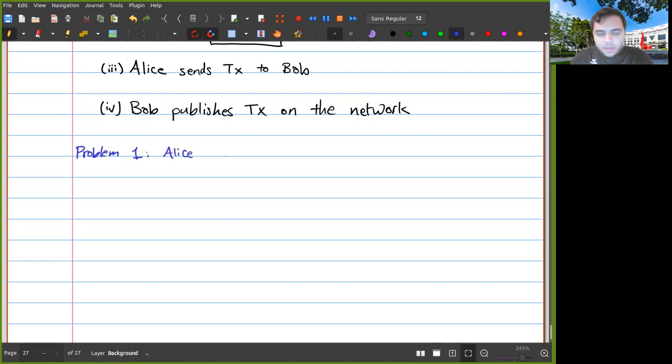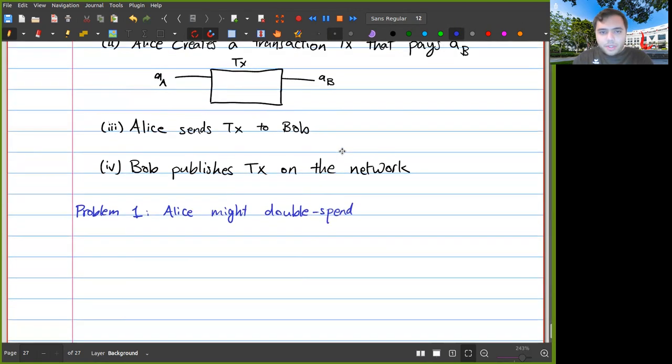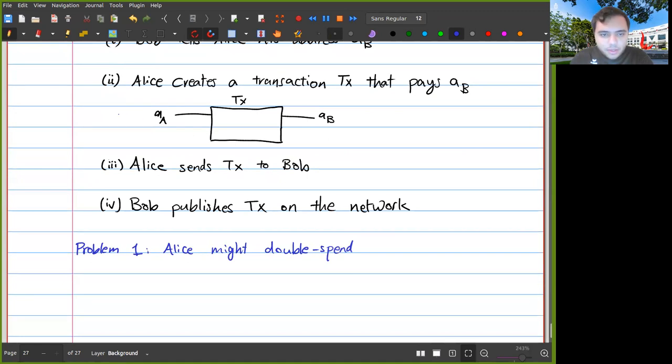Alice might spend. Let's give this coin a name. Let's call this coin C1. So C1 was the output, or the coin, that Alice used in this transaction and sent the money to Bob.